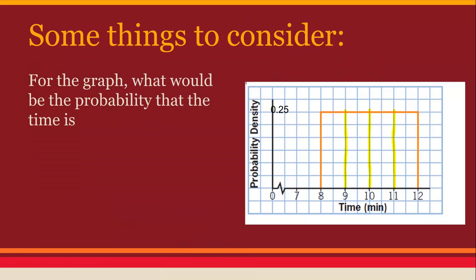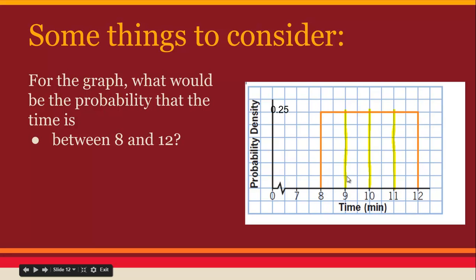Things to consider. For the graph, what would be the probability that the time is between 8 and 12? So here, this is actually called a probability density curve because it tells you the probability that a certain variable lies between two values.